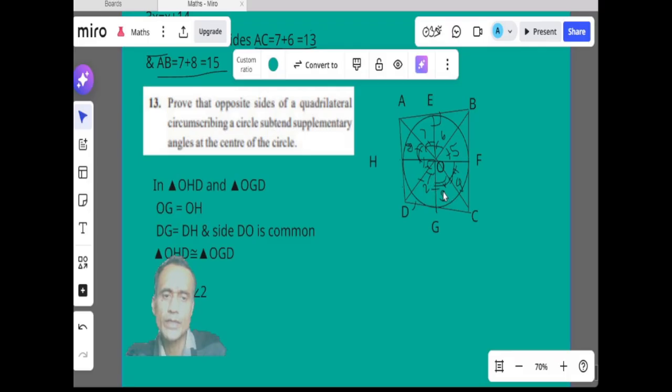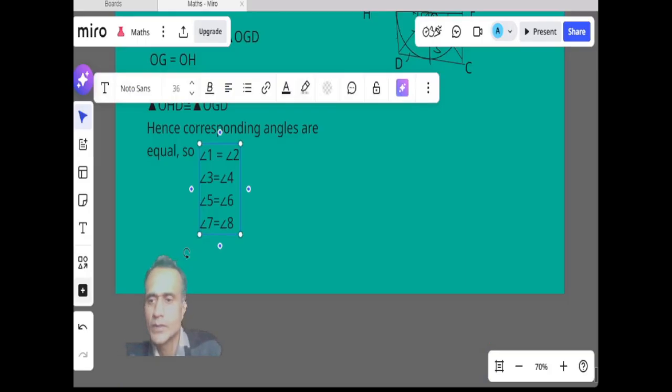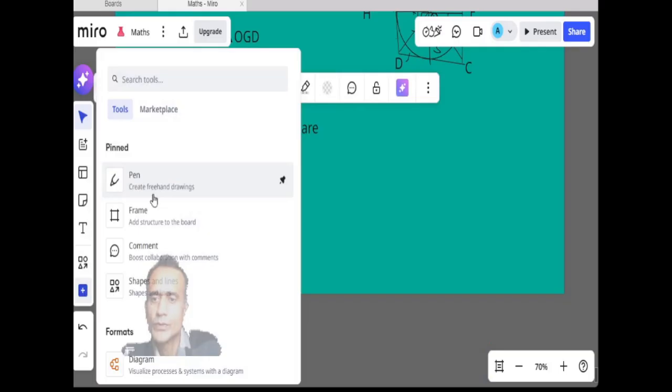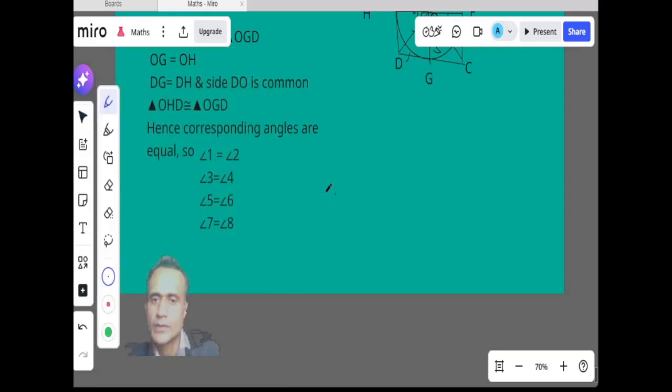Similarly, we can prove that 3 is equal to 4, 5 is equal to 6, and 7 is equal to 8. Let these be equations 1, 2, 3, and 4.